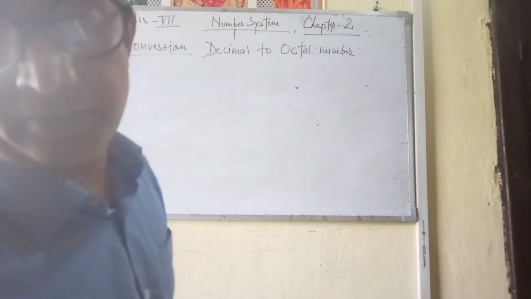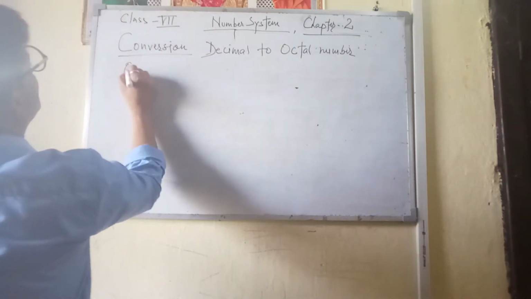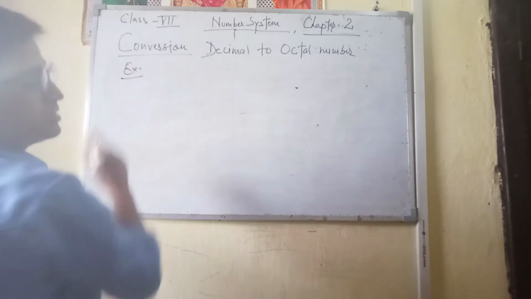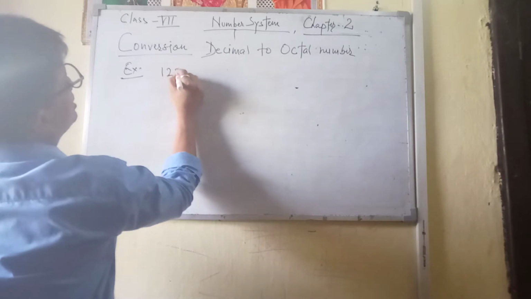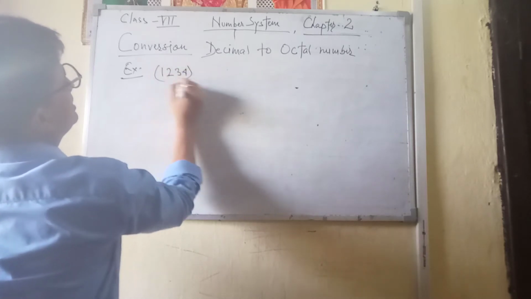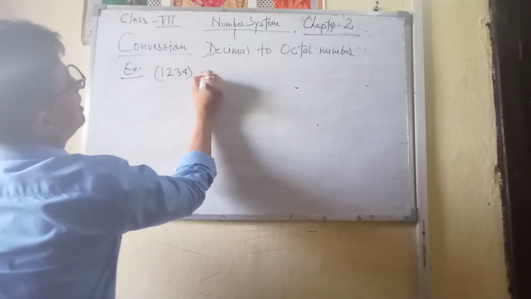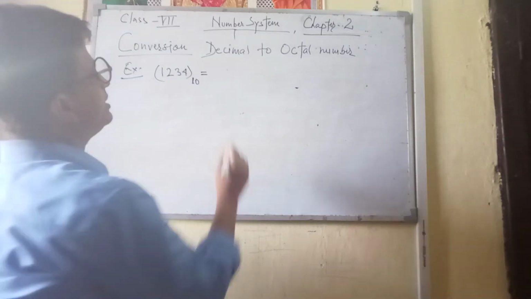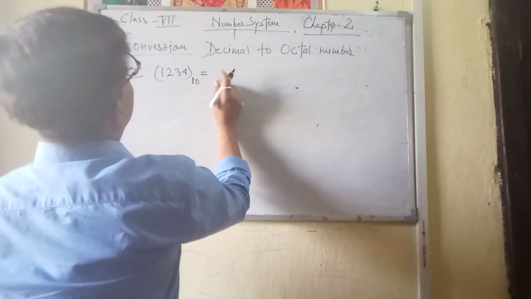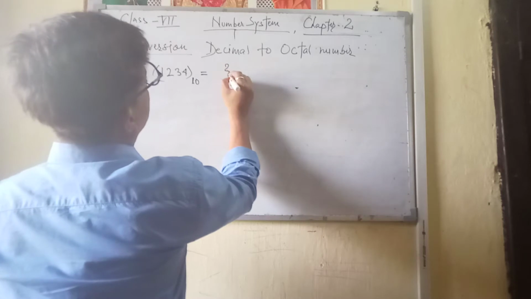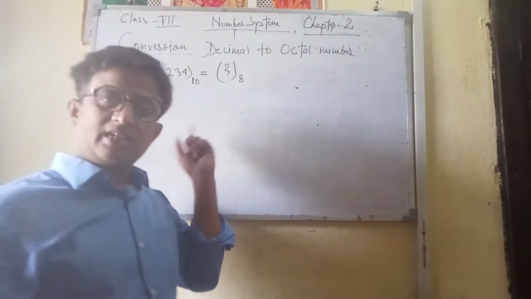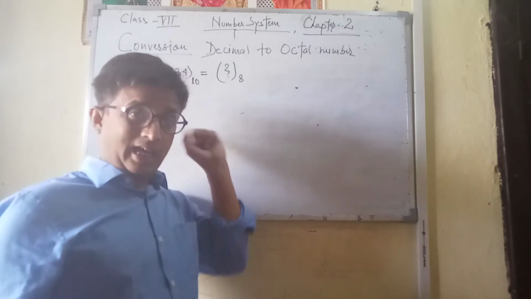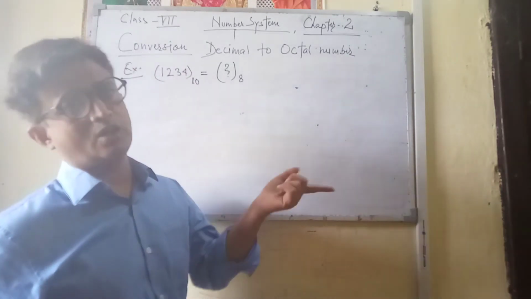So I'm taking one example. Suppose 1234 is a decimal number and I want to convert it into an octal number. Why am I writing 8 here? Because I am converting decimal to octal numbers.